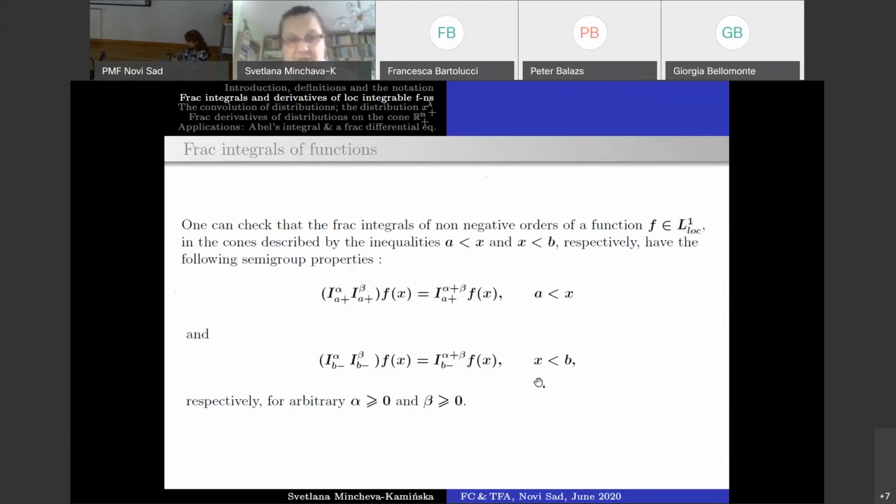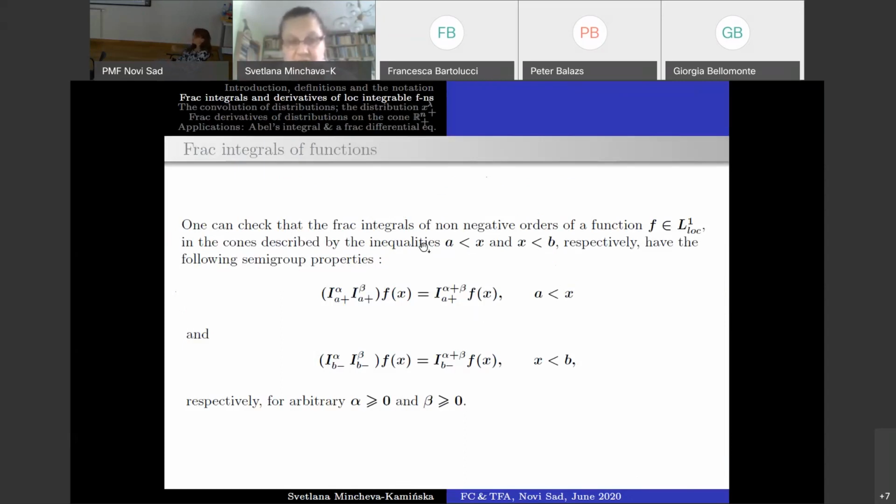Here on this slide, we present the very important so-called semigroup properties of this fractional integral of non-negative orders for functions.